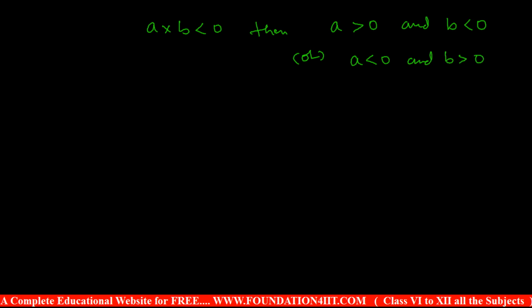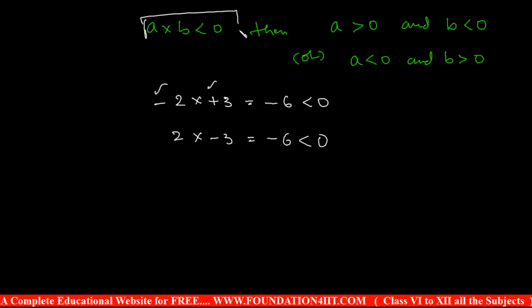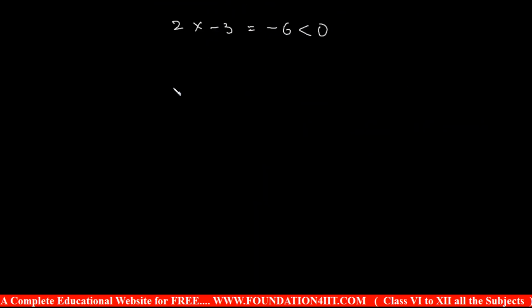These are the cases. So minus 2 into plus 3 is minus 6, which is less than 0. Even 2 into minus 3 is also minus 6, less than 0. One is negative, one is positive, or the first one is positive and the second is negative. Then also that value is less than 0. So based on this concept, let us see the problems.